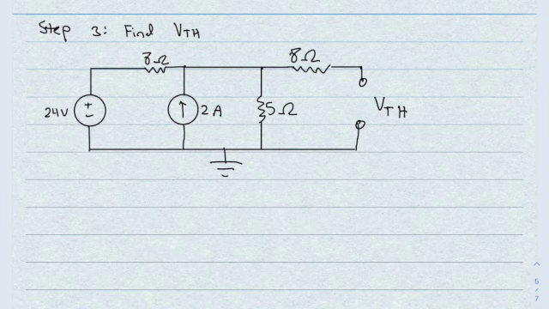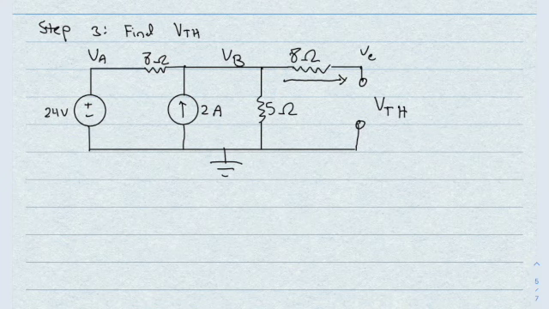Well, actually, since going that way is an open circuit, no current's going to be flowing there. So if we just label this VA, VB, VC over here, it looks like node VC is going to be equal to VB. So if we just find node VB, we'll find V Thevenin. Right? Yeah, so let's solve for node VB here.